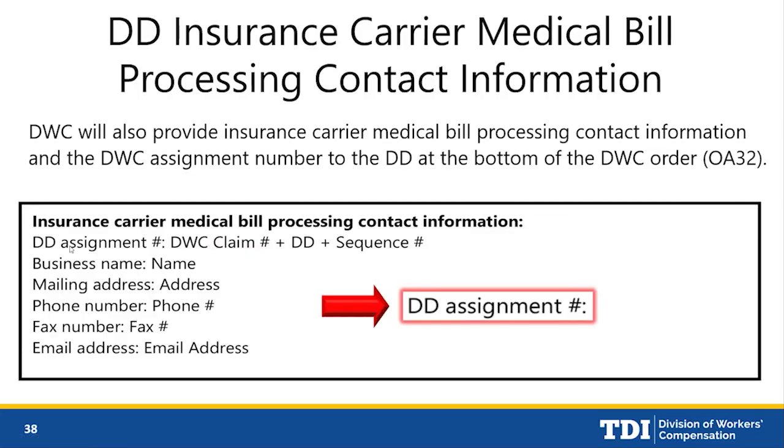Also, this block is going to include billing information for the insurance carrier. But a big note here: please verify that this information is correct, because sometimes we've seen that the information in this block is not correct. Somehow the wrong information got connected to the claim. So please verify.